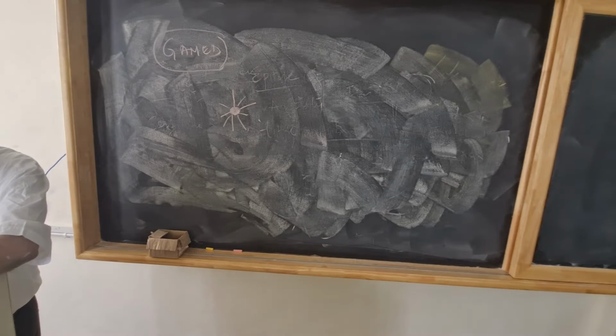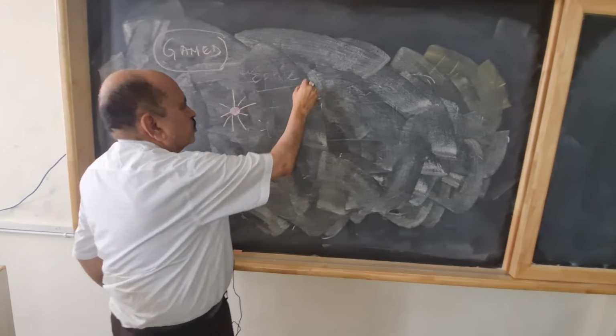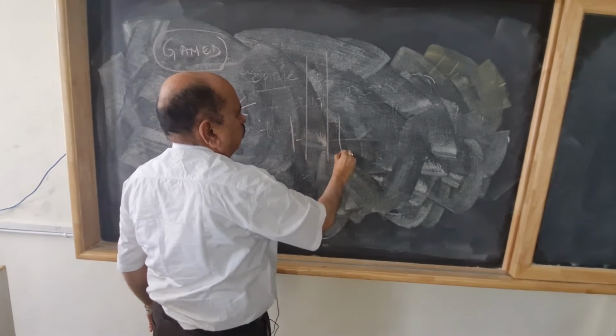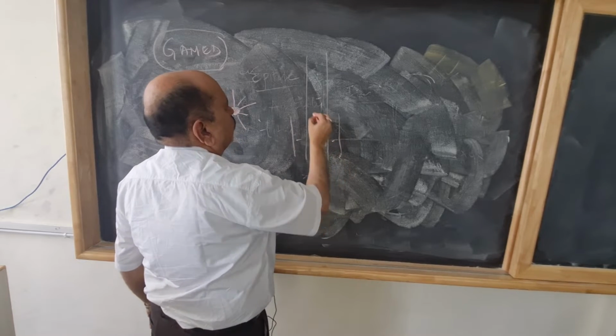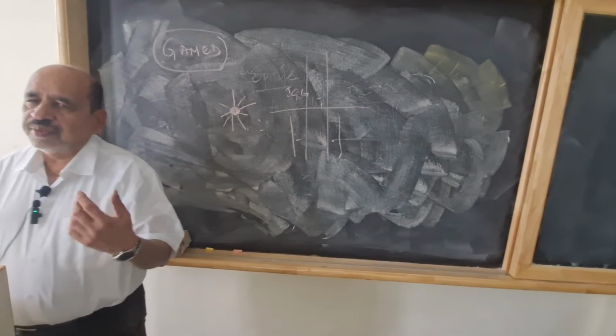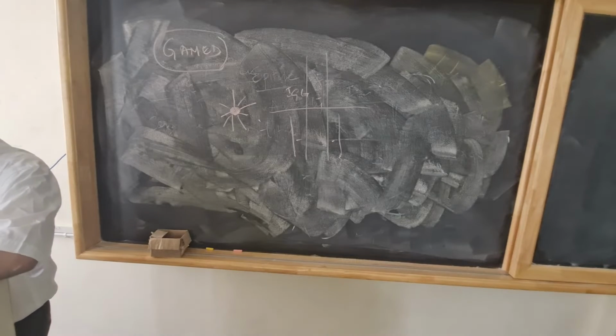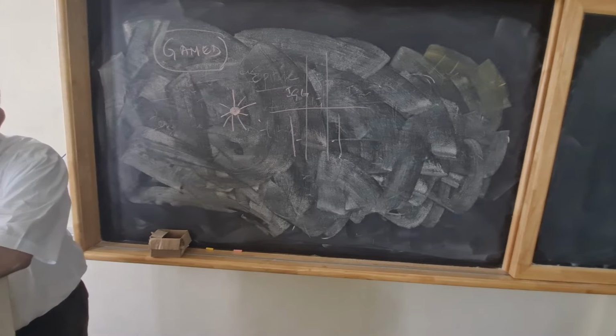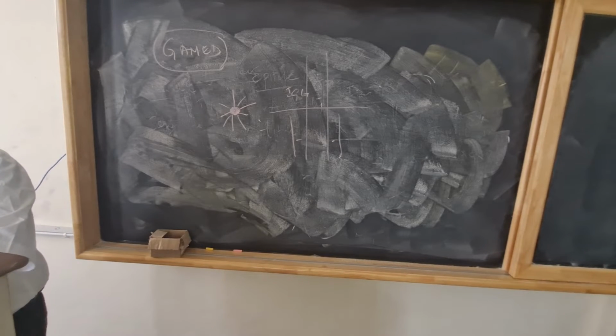An antibody is made up of a pair of heavy chains and a pair of light chains held together by disulfide bonds.